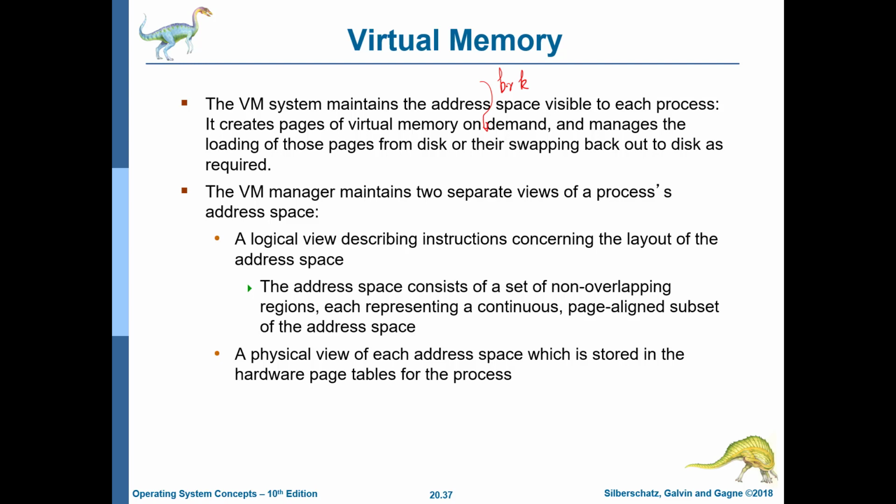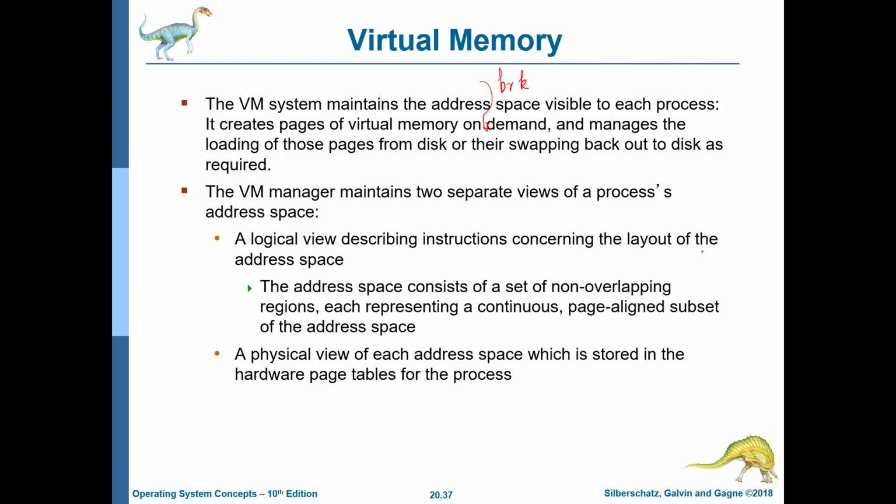Furthermore, the VM manager maintains two separate views of a process's address space, namely the logical view and the physical view. The logical view describes the layout of the address space, where the address space will, of course, consist of a set of non-overlapping regions, and each will be continuous and page aligned.